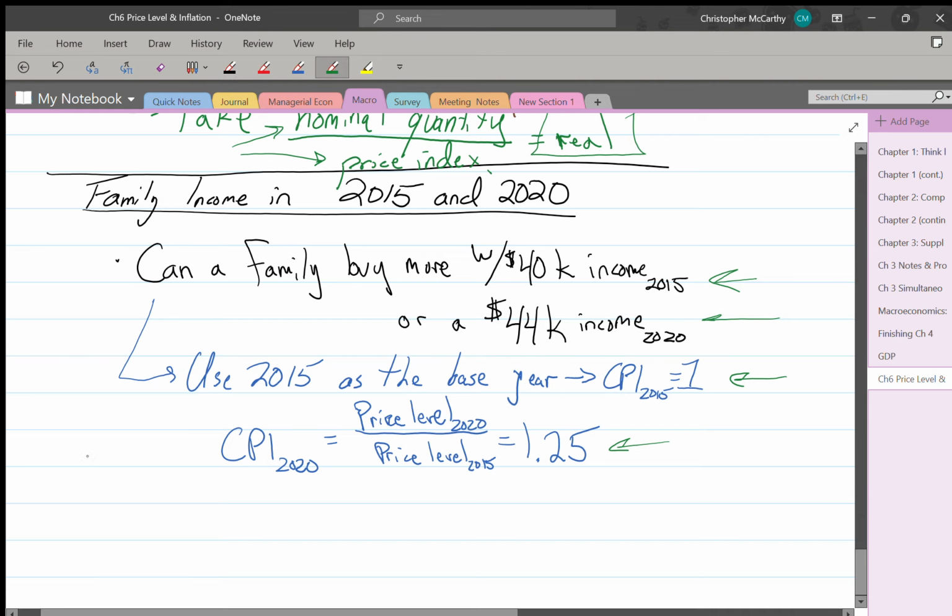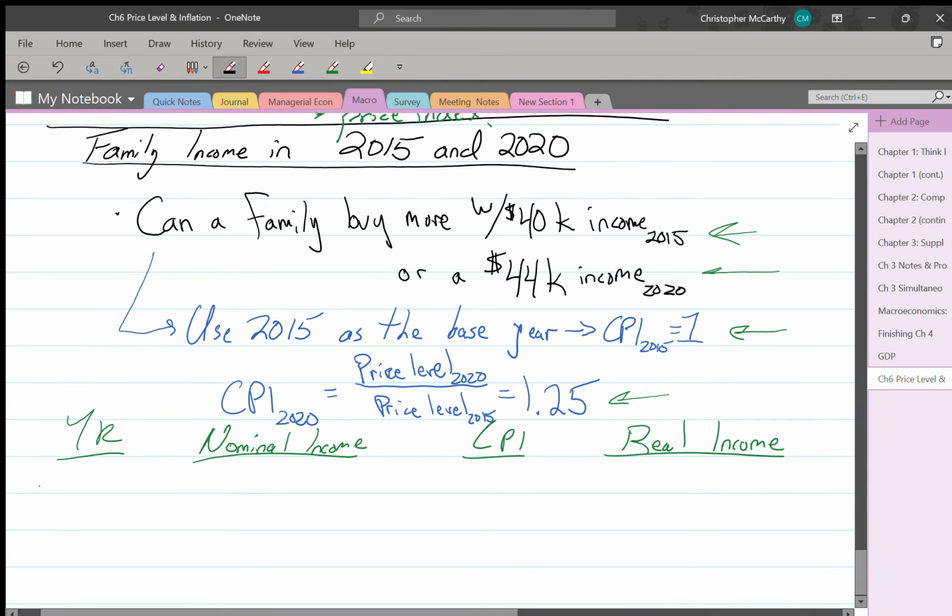So we've got year, we've got nominal income, we've got CPI, and then we'll put the real income over here. So obviously 2015, 2020, 40K, 44K, 1.00, 1.25.